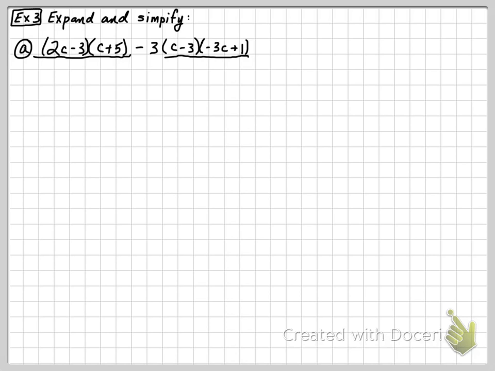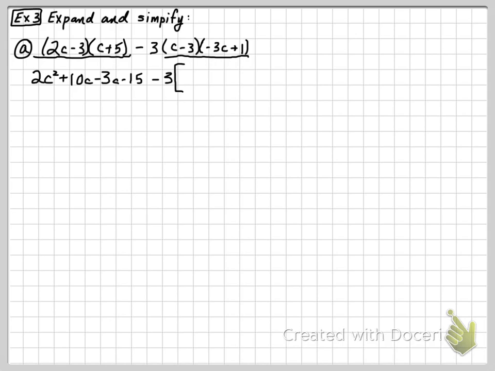So you're going to have to look at expanding and simplifying the first part, and then expanding and simplifying the last two brackets, taking the last two brackets and timesing them by a negative 3. So when you clean up the first part by foiling it, we get 2c squared, and that's going to become plus 10c minus 3c minus 15. And that's going to be minus 3 times in brackets.